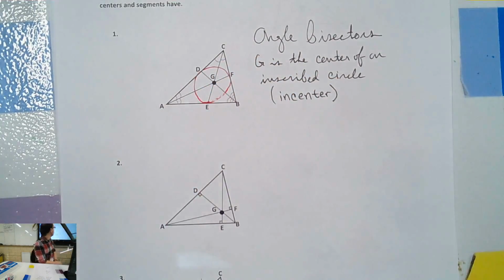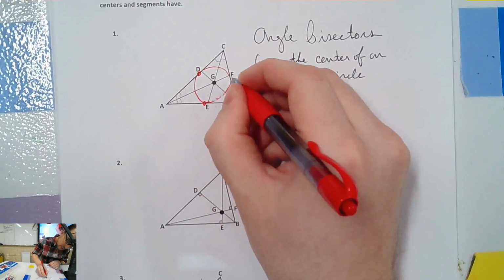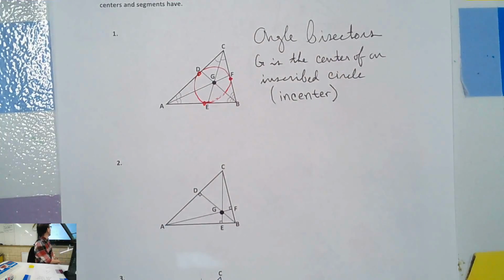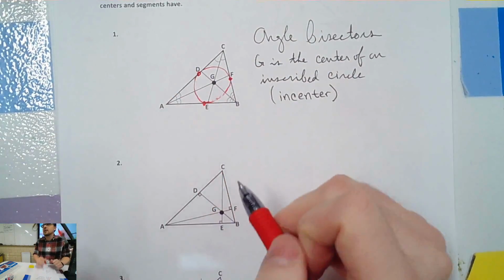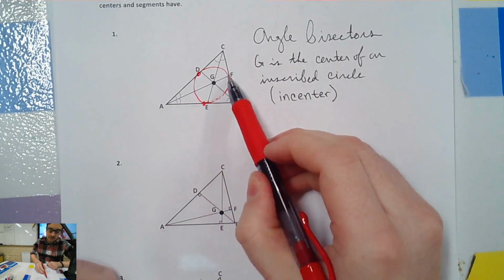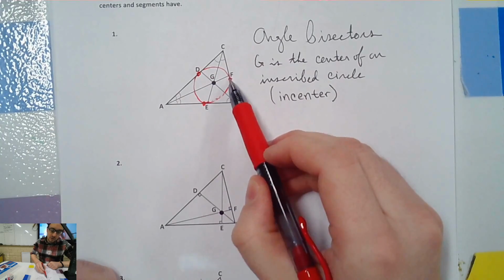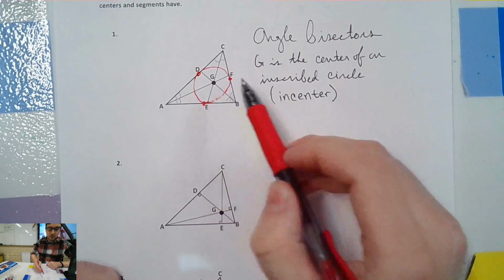Something like that. It's supposed to hit at one point and one point only. Now notice the point that it hits the side isn't necessarily where the angle bisectors hit the side. Does that make sense? AF hits here, but where the circle hits can be elsewhere. Does that make sense? Cool.